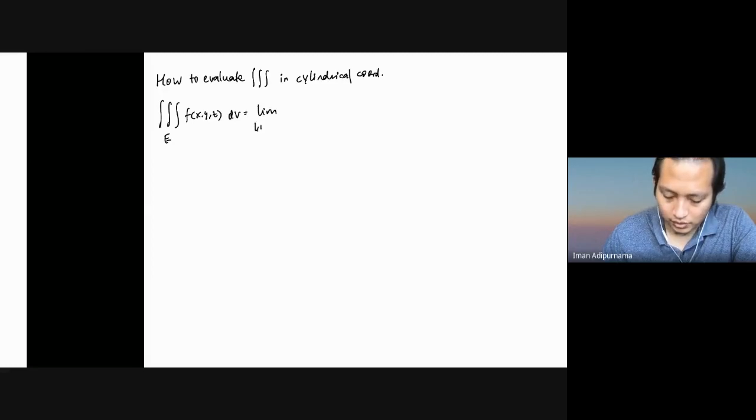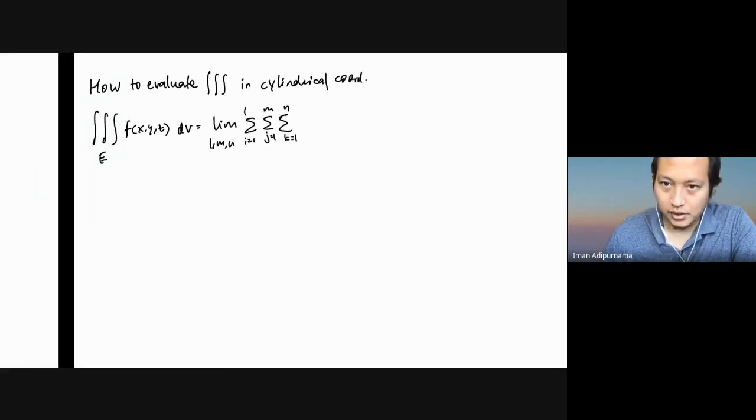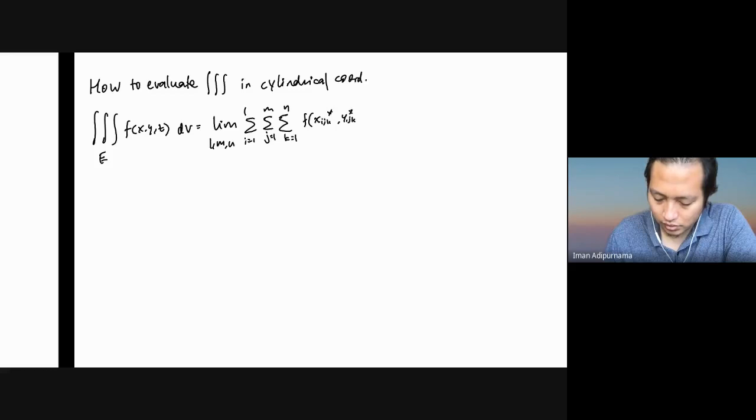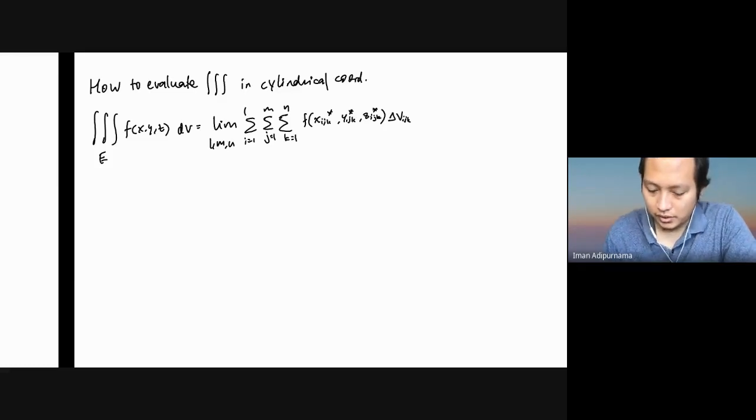This is L, M, N, and then you have X, Y, and Z. And then the idea is, of course, the difference will be on the volume, the delta volume.